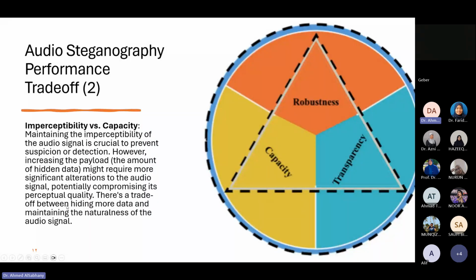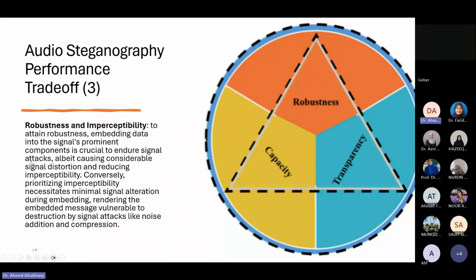There is a trade-off between hiding more data and maintaining the naturalness of the audio signal. So this is a very important trade-off, and it's the most targeted in most of the literature.